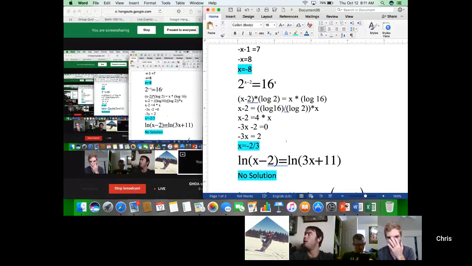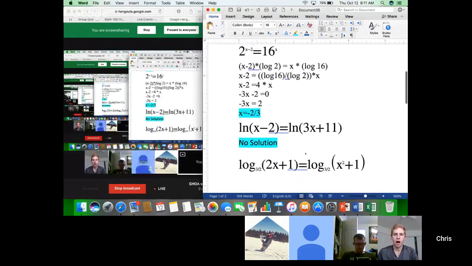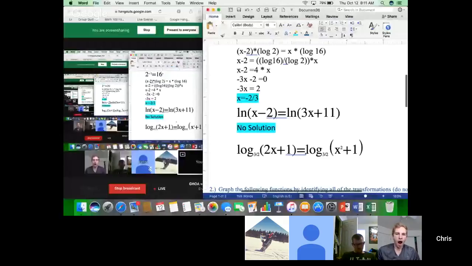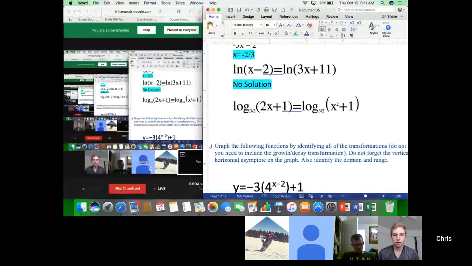Everybody good? Yeah. And then I didn't get any solution for this. I even tried graphing it, and they're parallel. Don't cross.